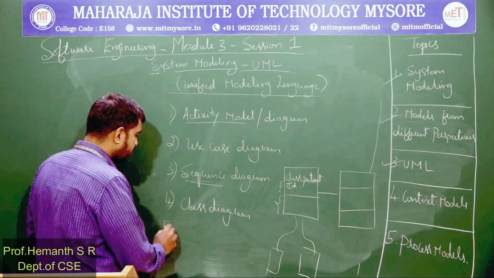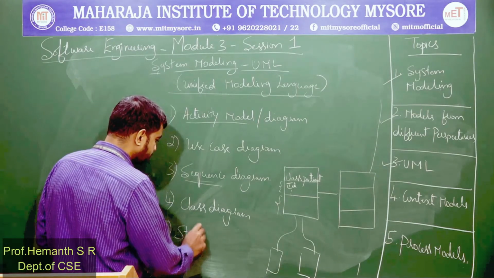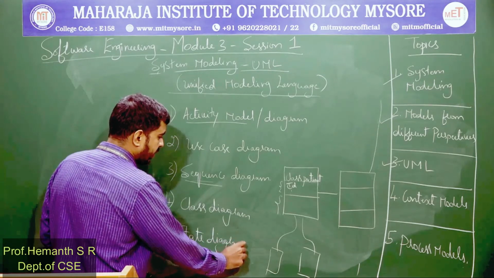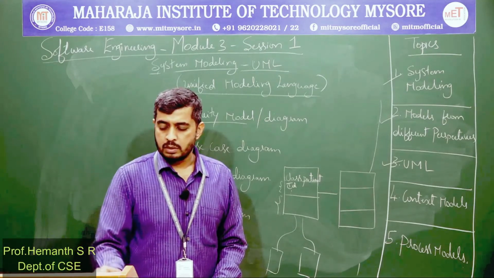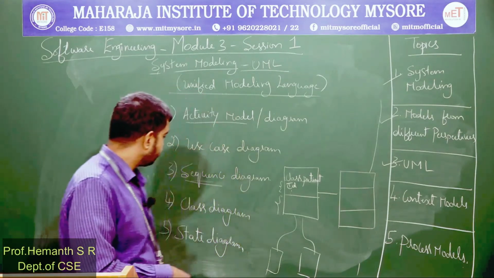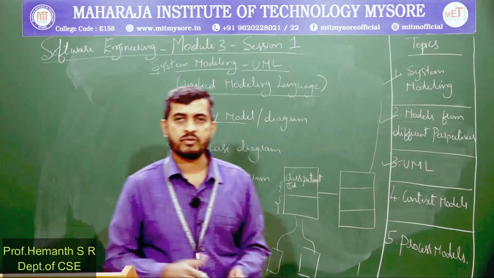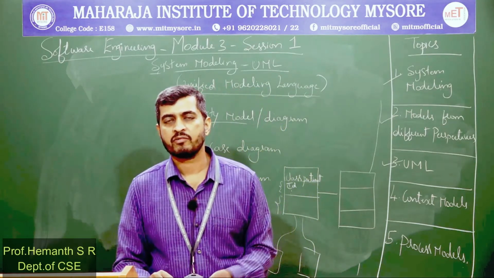The last one, the fifth one, is the state diagram. Now, what is a state diagram? A system or a software does not remain fixed for a longer period of time.